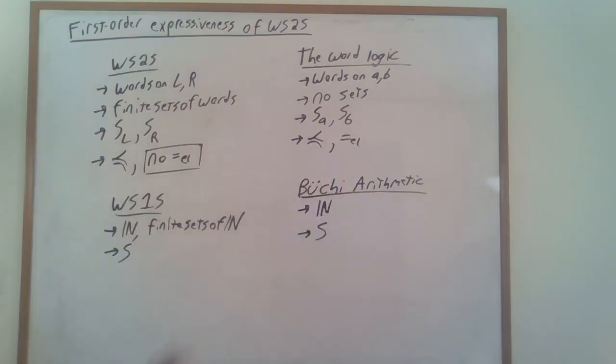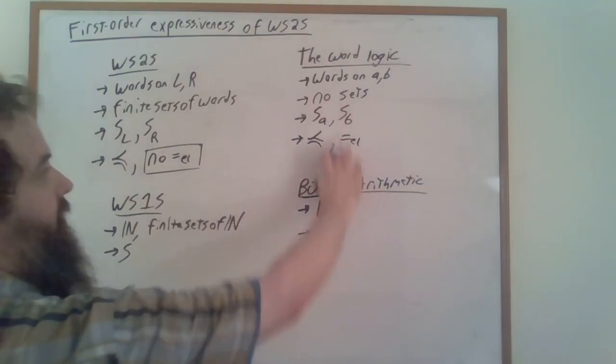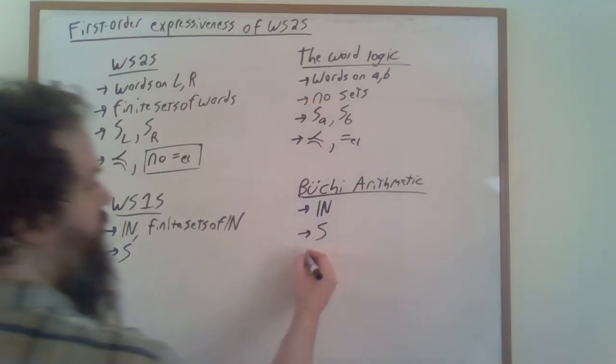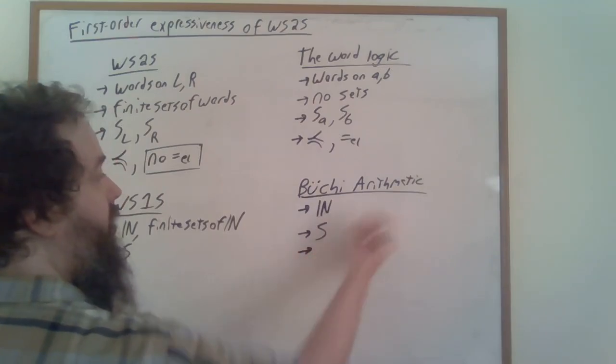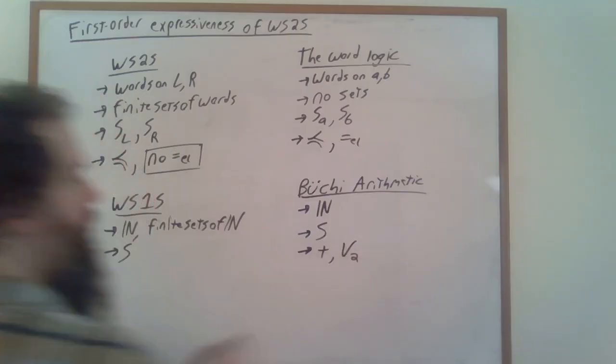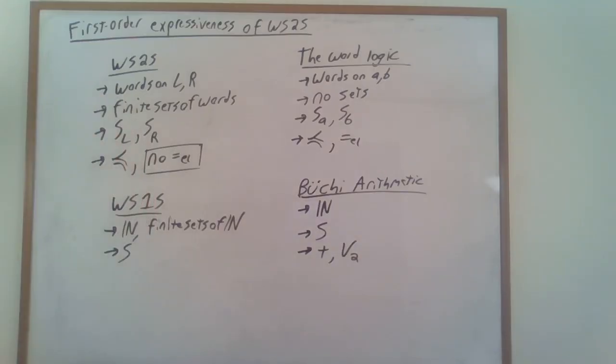On the other hand, just like how the word logic has this extra feature that it can talk about, Büchi Arithmetic has actually two extra features it can talk about. Büchi Arithmetic can talk about addition, and it can talk about the V2 operation, the give us the highest power of 2 dividing another number operation.